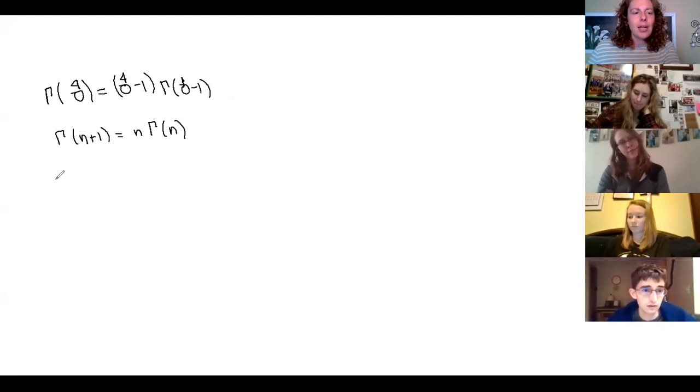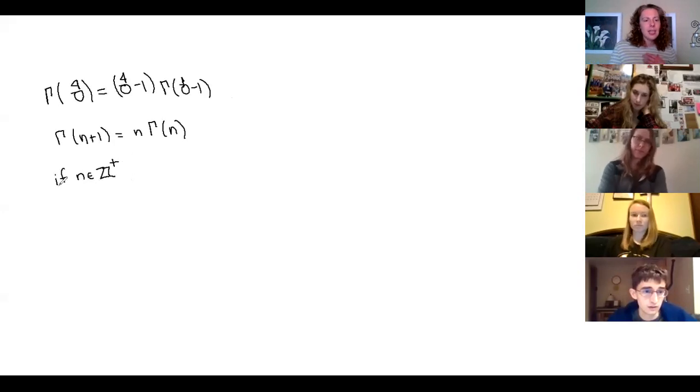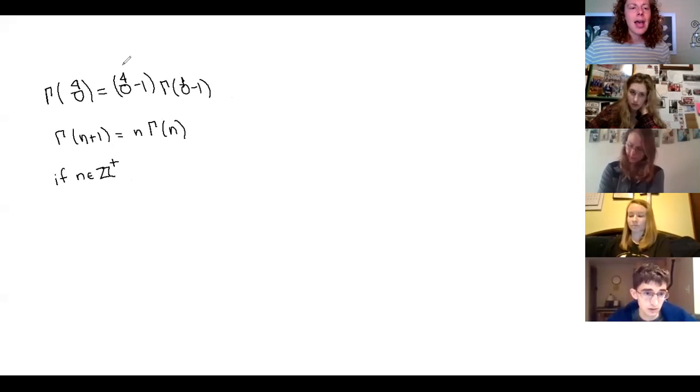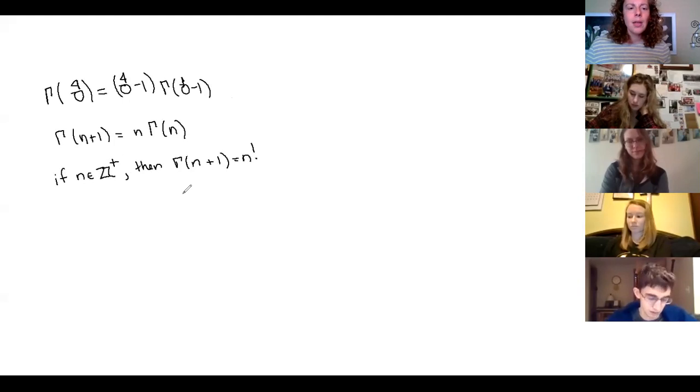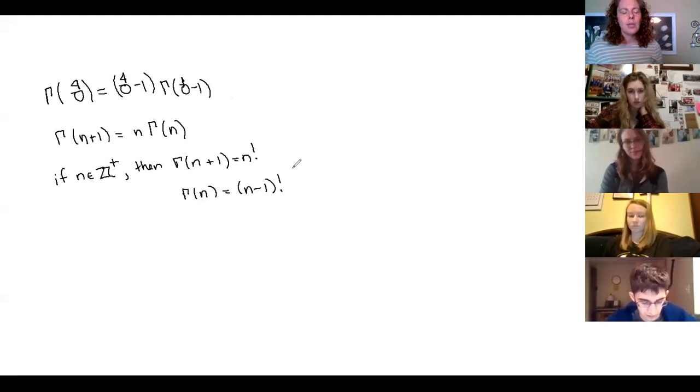And the cool part is, if n is a positive integer, remember Z is the symbol for integers and the plus means positive. If n is a positive integer, then gamma of n plus 1 is equal to n factorial. And so what that means is that gamma of n is (n minus 1) factorial if you do some plugging in.